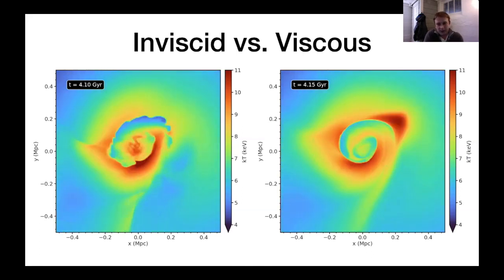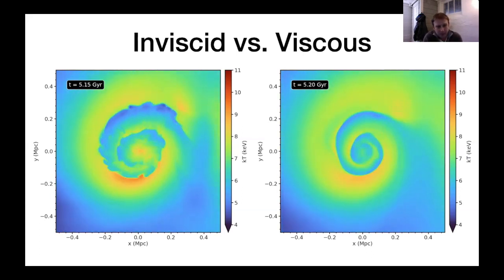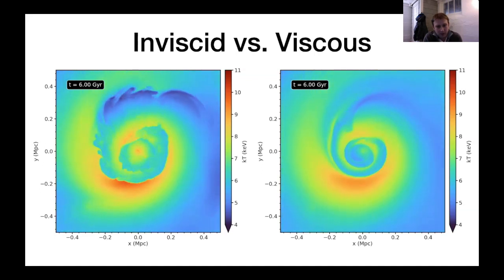What you can see is that you get these spiral-shaped motions, and in the inviscid case, these interfaces, these sharp differences in temperature that we call cold fronts, are sites where you develop a fluid instability called the Kelvin-Helmholtz instability, and so everything gets really ripped up and turbulent, whereas in the extremely viscous case on the right, everything is nice and smooth.